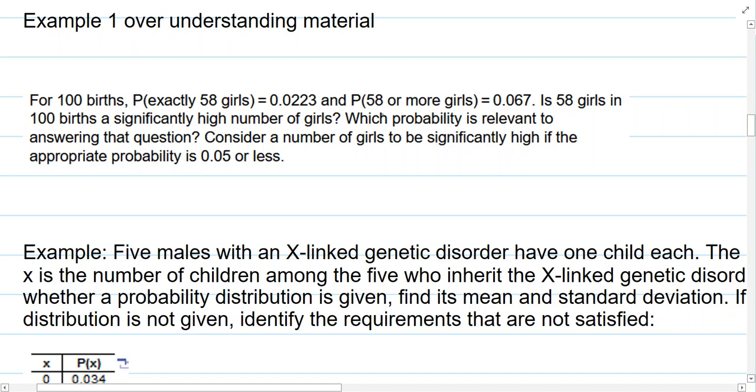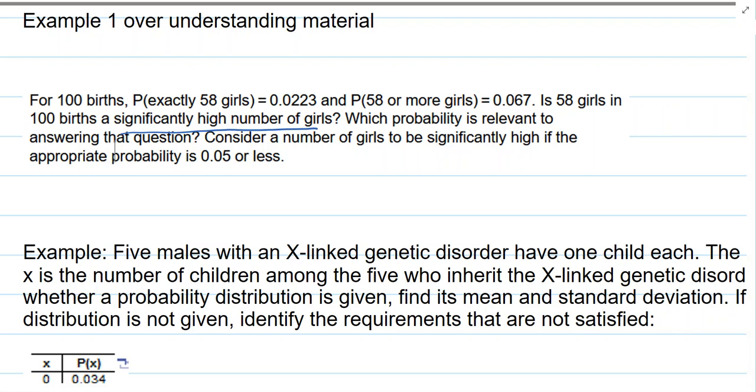And the probability of 58 or more girls is 67 thousandths. Is 58 girls in 100 births a significantly high number of girls? Which probability is relevant to answering that question?